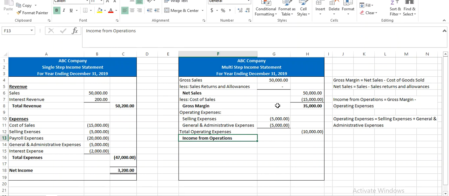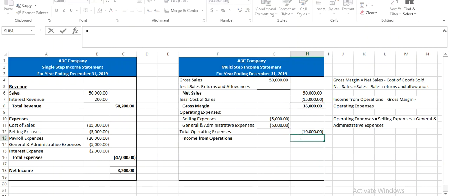I have my gross margin, the 35,000, and then I have my total operating expenses, which is 10,000. And so that then means that my total income from operations will be 25,000, because 35 minus 10 is 25,000. So that's the income from operations that I have thus far.